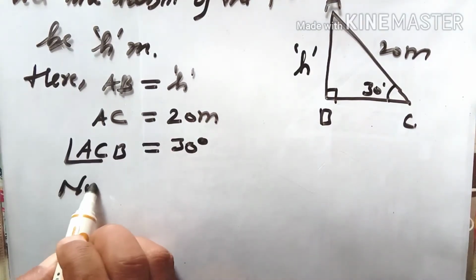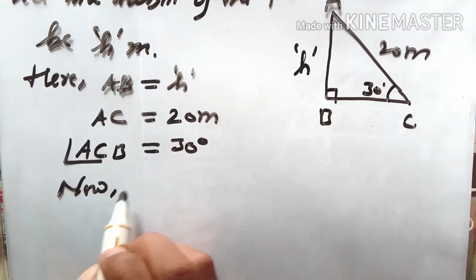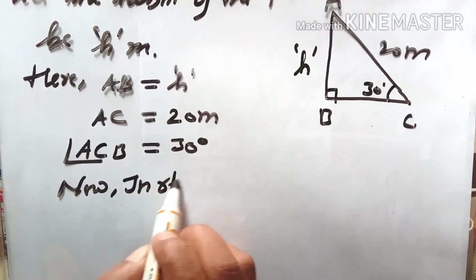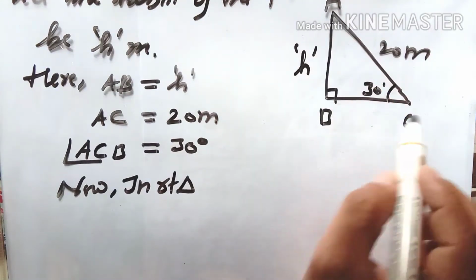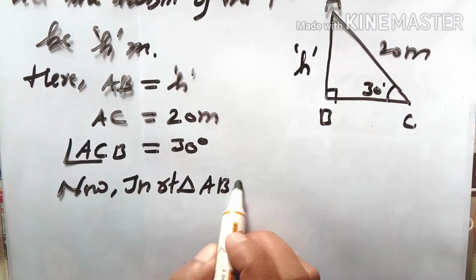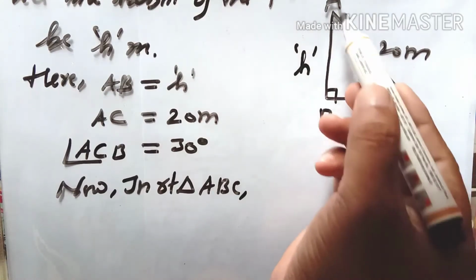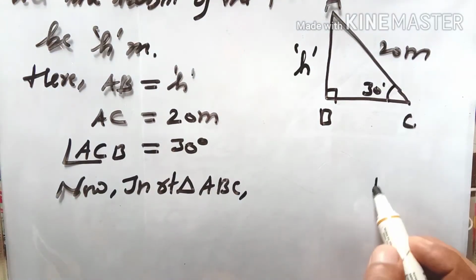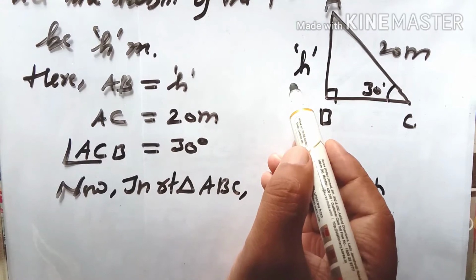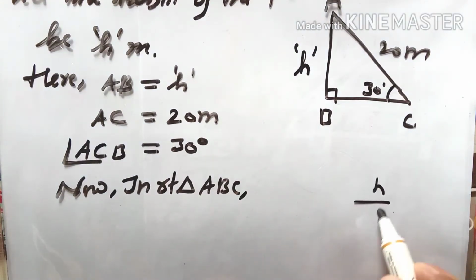Now consider the given figure here. Now that is in right triangle ABC. So now given here AC, which is the hypotenuse side, and we need the AB, which is our opposite side.